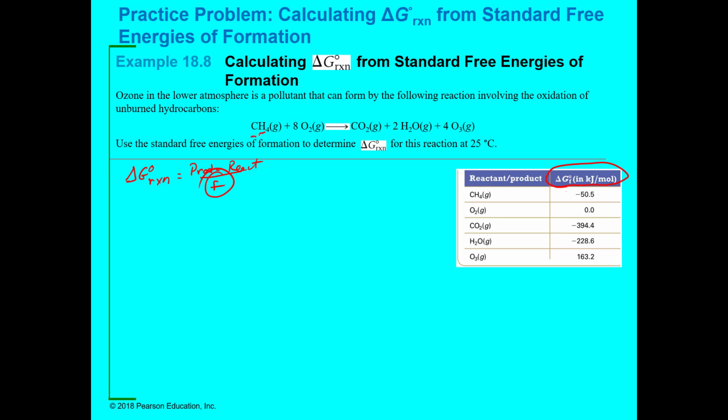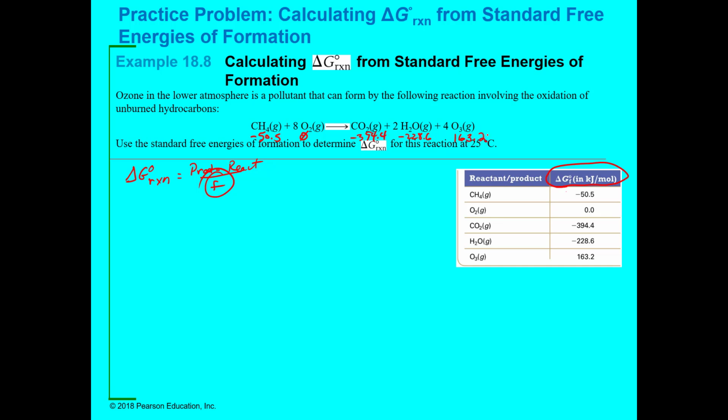I've got a negative 50.5 for my methane. Oxygen is 0. I've got a negative 394.4 for my CO2. I've got a negative 228.6 for my water, and I've got a positive 163.2 for the ozone.